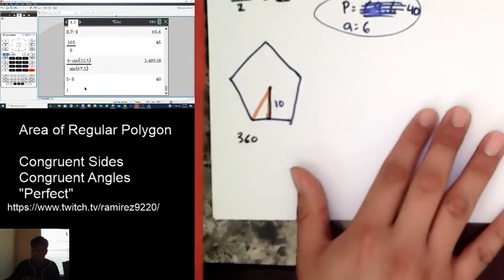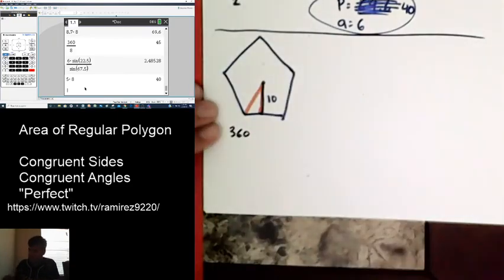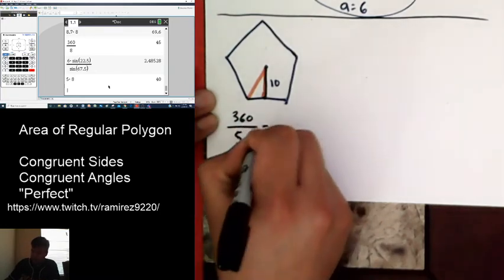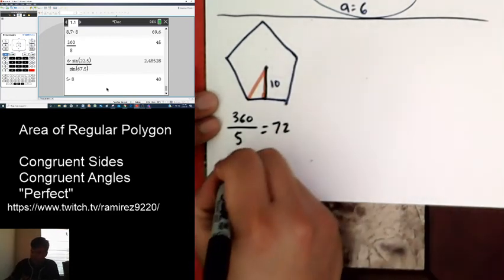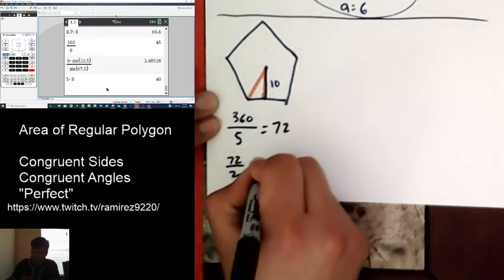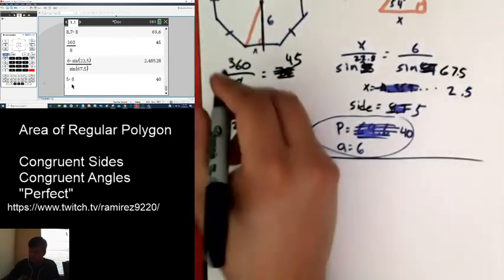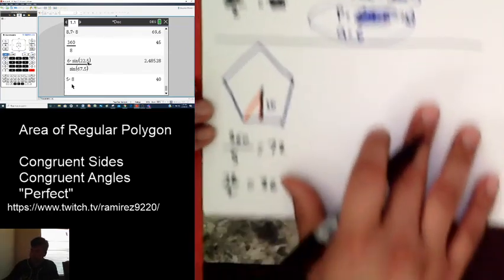On my pentagon, and this is where I realized I messed up after seeing those numbers. So 360 divided by 5, right? That is 72, okay? And then 72 divided by 2, that's 36, right? Oh, this one should be a 45. Okay, 45 divided by 2.